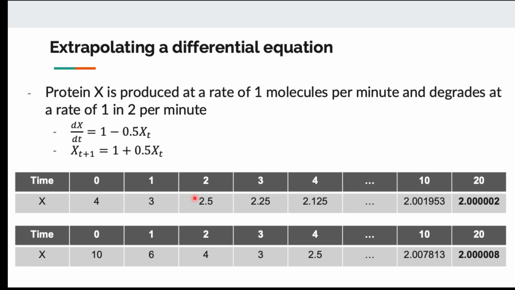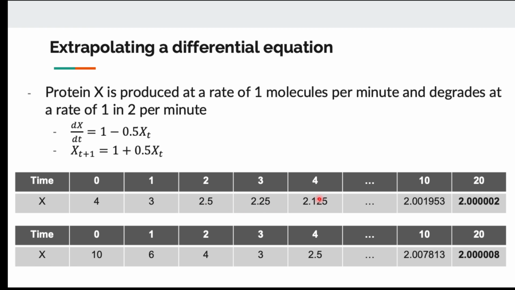In fact, the number of molecules should be integers, right? But in this case, I'm not going to worry too much. We are just going to add and multiply the numbers normally and see where it takes us. So if we start with 2.5 molecules of the protein, we lose half, we lose 1.25. When we produce 1, we get 2.25.